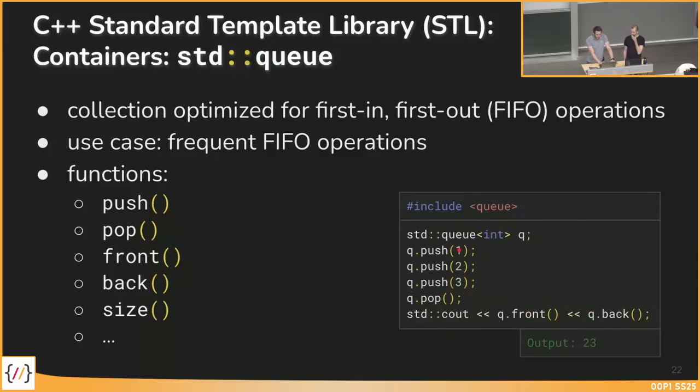So in this case, after removing element 1, we get 2 as front and 3 as back. Yeah, use case, as we said, if you use frequent first in, first out operations, the queue.